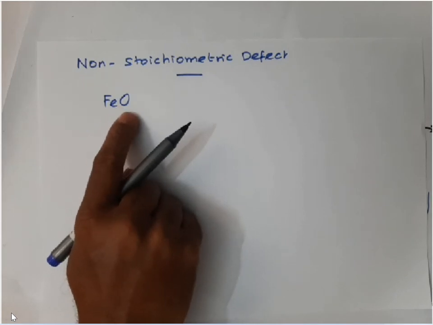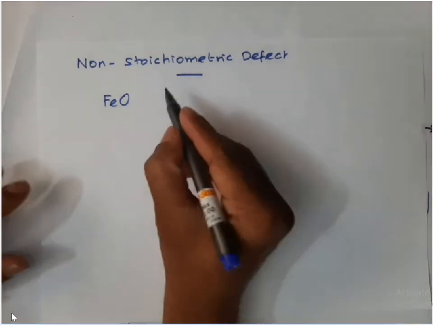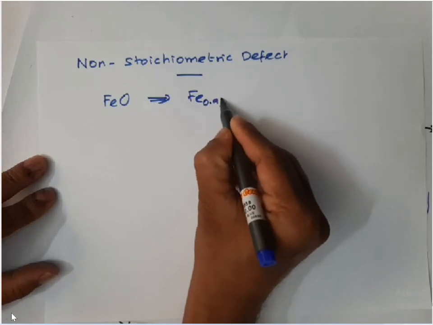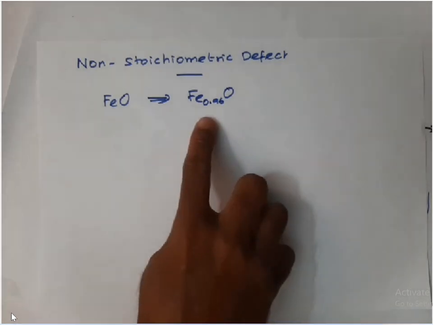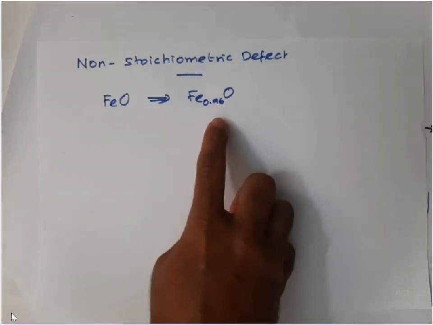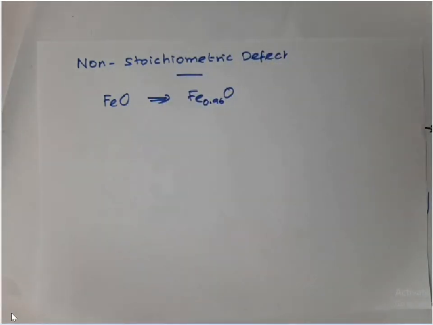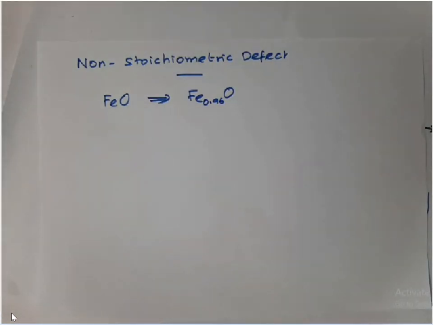Sometimes we write the ferrous oxide formula as Fe0.96O. If you write the formula like this, that means the formula has changed. Whenever the formula of the crystal changes, you can say that a non-stoichiometric defect exists in the crystal.